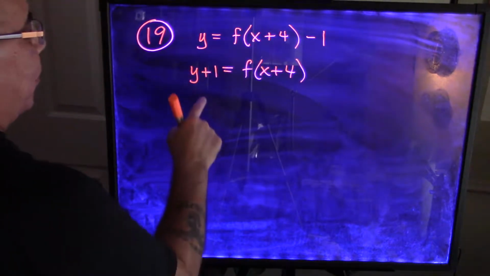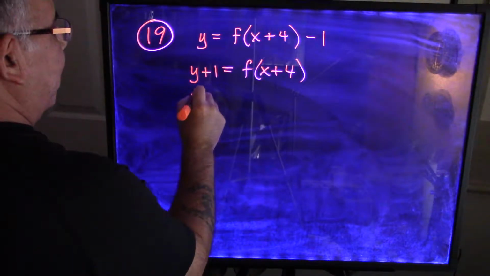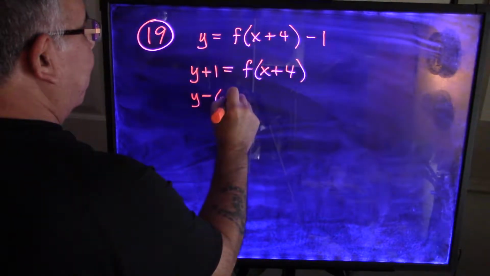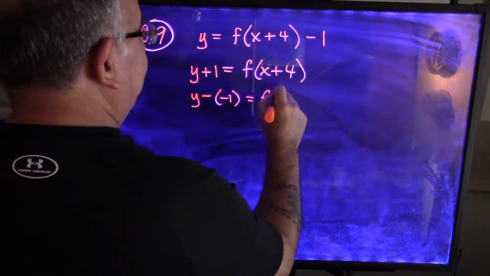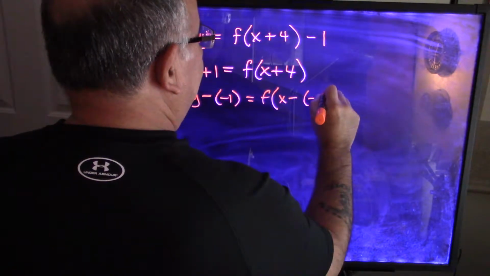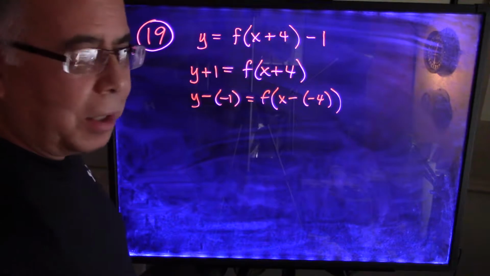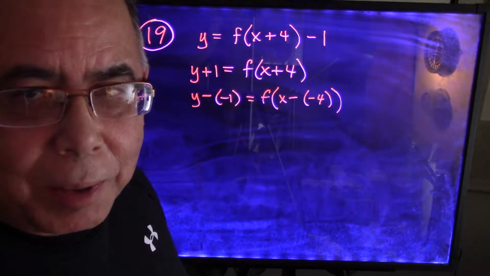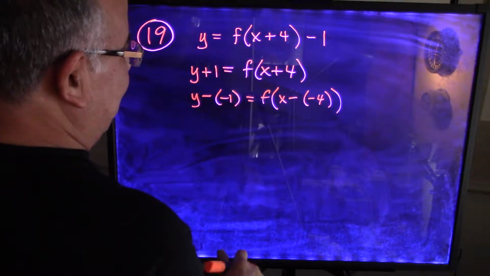Now you change it to minus here and minus here to make it equivalent. Y minus negative 1, which is the same as y plus 1, equals f of x minus a negative 4, which is equivalent to x plus 4. Written this way, it tells us immediately, without too much memorization, what to do.